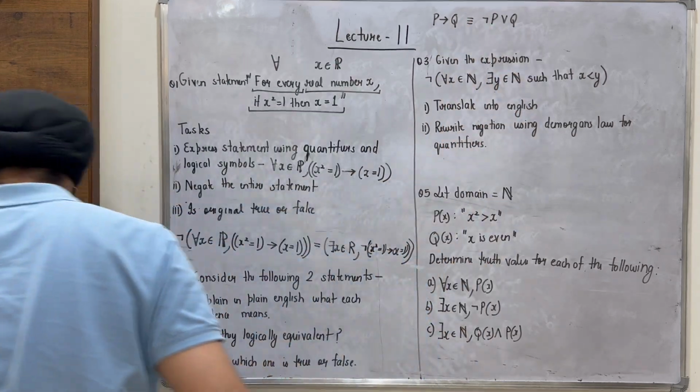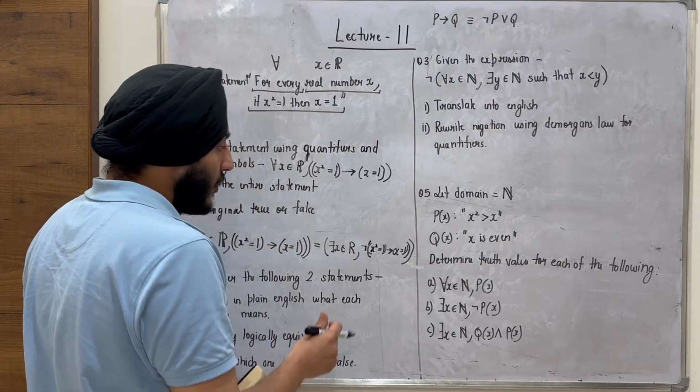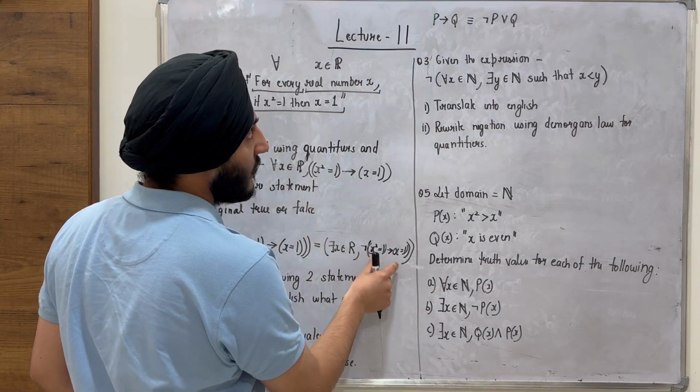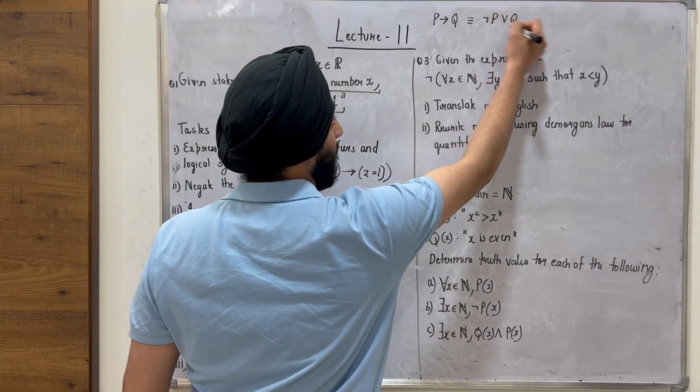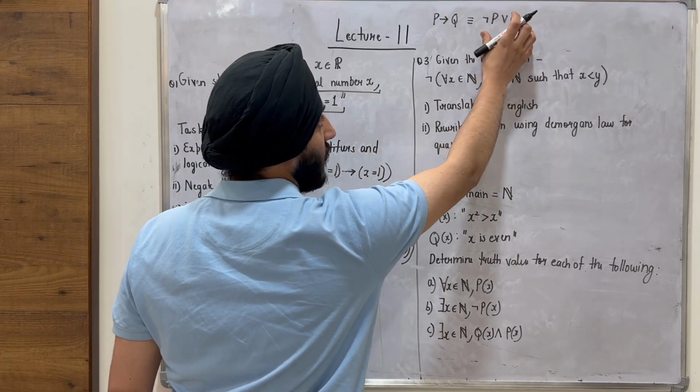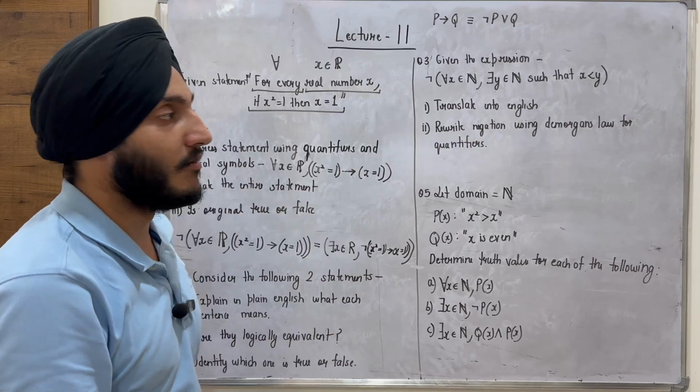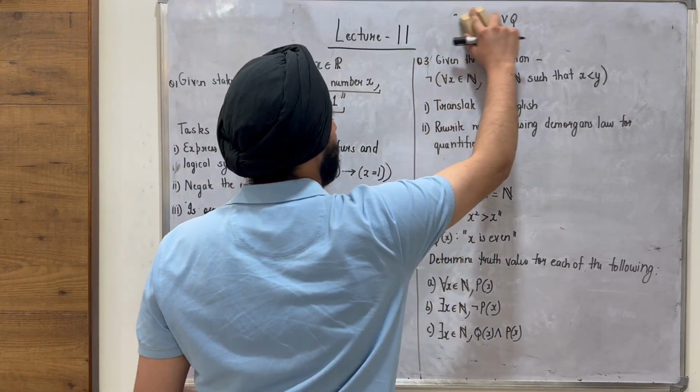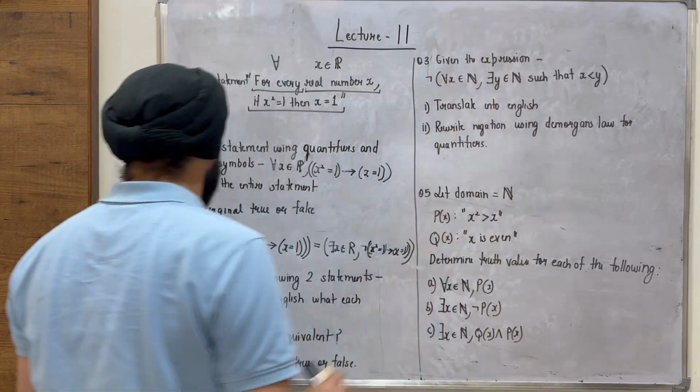So maybe instead of writing this with the arrows, you can convert it into this sentence, and then do the negation using the De Morgan's law that we covered. So I'll leave this task up to you guys. Moving on.